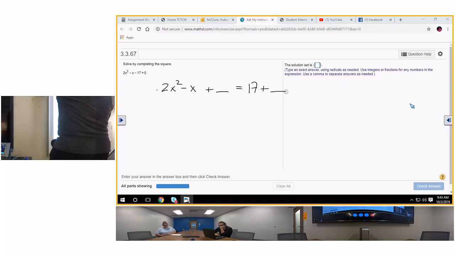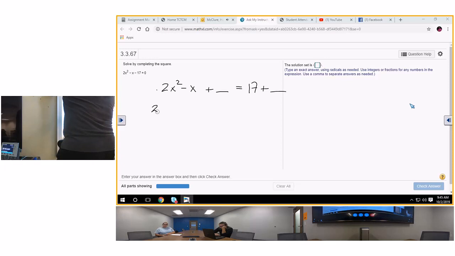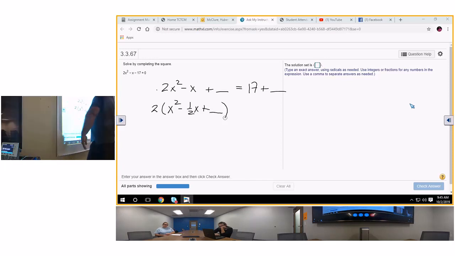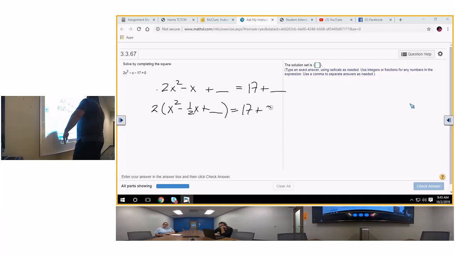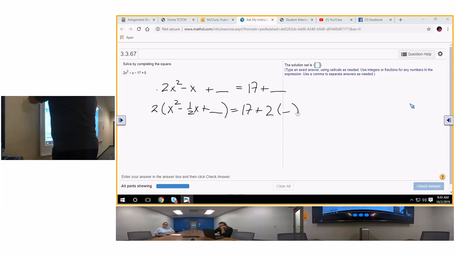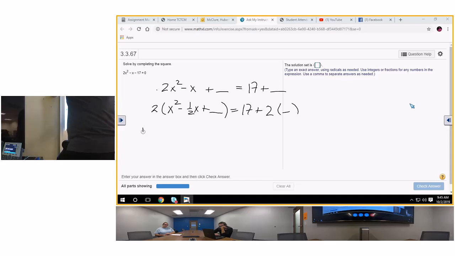All right, factor out a 2: x squared minus 1/2 x plus blank is equal to 17 plus 2 times blank. What's half of 1/2? Well, let's see. 1/2 divided by 2 over 1, multiplied by 1 over 2, is 1/4, squared, which is 1/16.